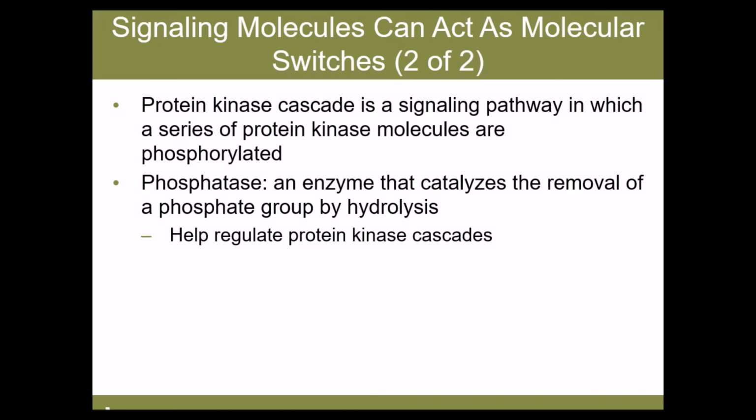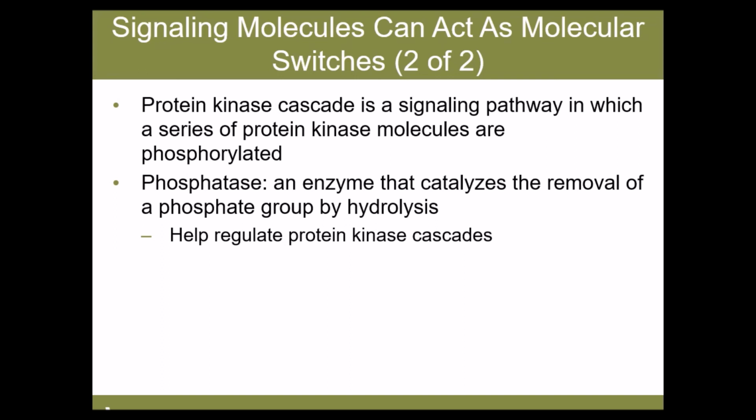That would cause it to become activated. So remember, you have to deactivate or turn that switch off as well. So there's another enzyme called a phosphatase that removes the phosphate group. If the phosphate group is attached, then it's activated and turned on.